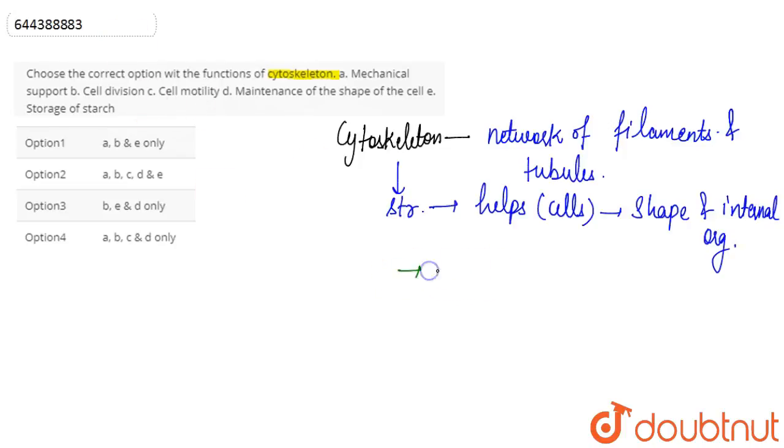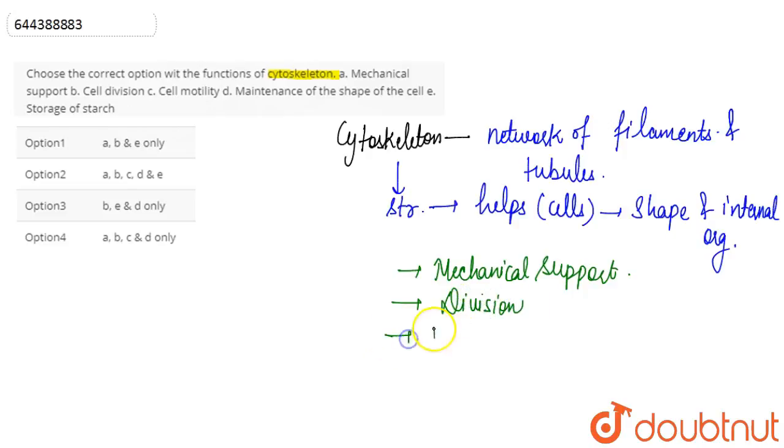Its function is to provide mechanical support that enables the cell to carry out essential functions such as division and movement. Hence we have discussed that it maintains the shape of the cell and its internal organization. So we look at the options.